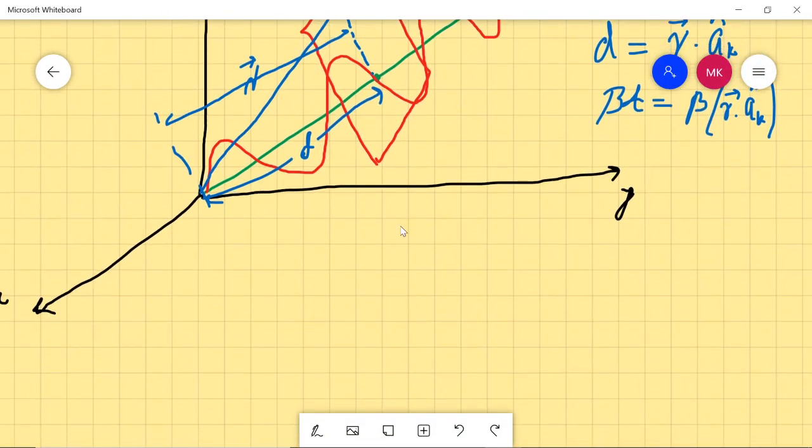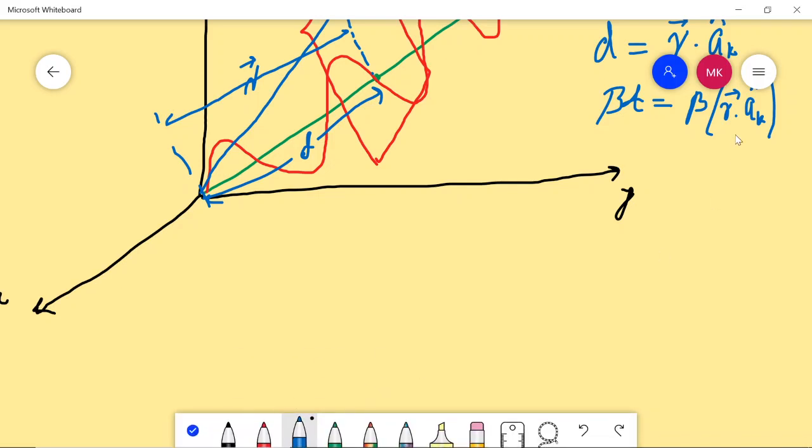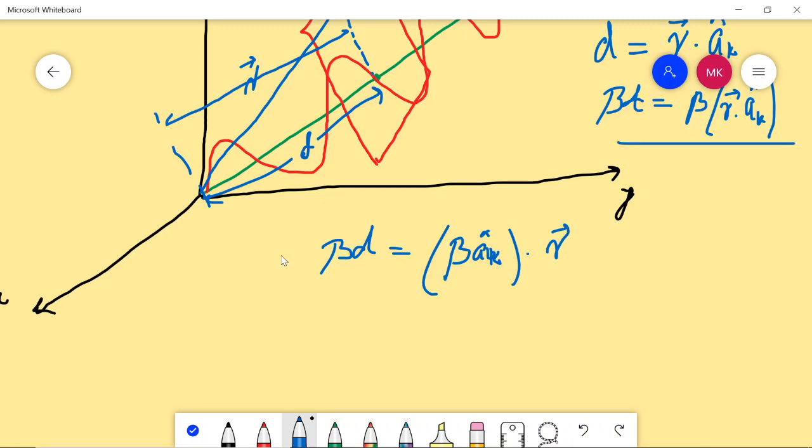Now next we can write the total phase change beta D equals, you can take beta inside, so you can write beta AK dot with R. You will get the same result as in this case. Now we define this beta AK as a new vector, because beta is the phase constant and AK is the unit vector along the direction of wave propagation.